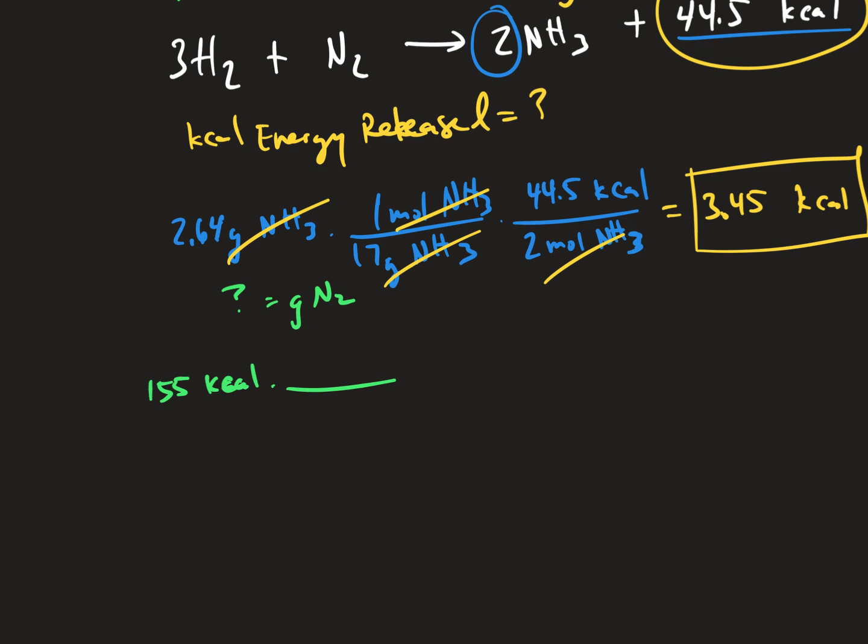What can we convert kilocalories to? Moles, right? So we have 44.5 kilocalories. We put that on bottom so it can cancel the kilocalories on top. To how many moles of nitrogen? What's the coefficient in front of nitrogen? 1. You with me? 1 mole. If we're going to atoms, then yeah, there's 2 atoms in 1 molecule, right?